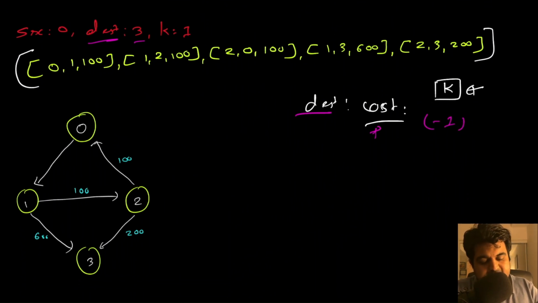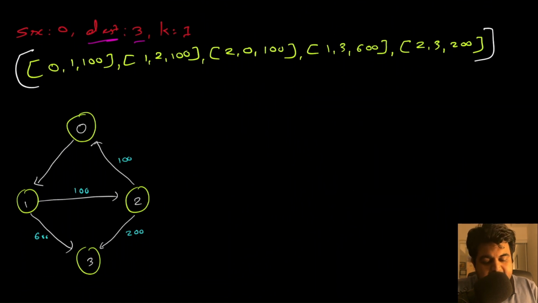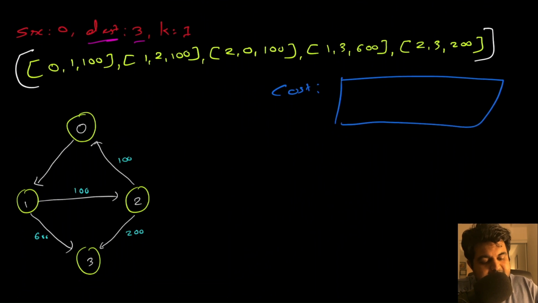So let's try to understand the logic I'm suggesting to solve this problem. For that, we are going to be using some placeholder values where we can store how much time or how much money it took to reach any particular destination city. Number one thing we need is an array called cost that defines the cost associated with reaching any particular destination city.